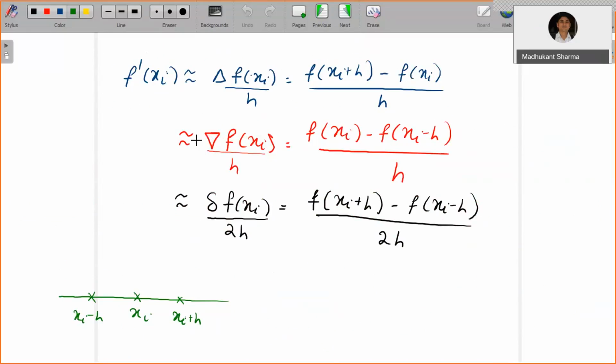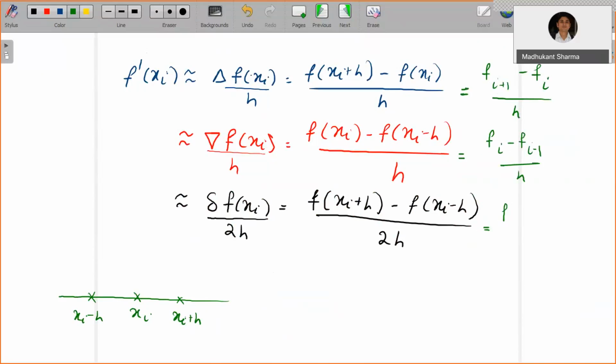It is also related with the backward difference operator: f of xi minus f of xi minus h, over h, meaning present value minus past value divided by h. In the discretized notation, the forward difference is fi plus 1 minus fi divided by h, and the backward difference is fi minus fi minus 1 divided by h.